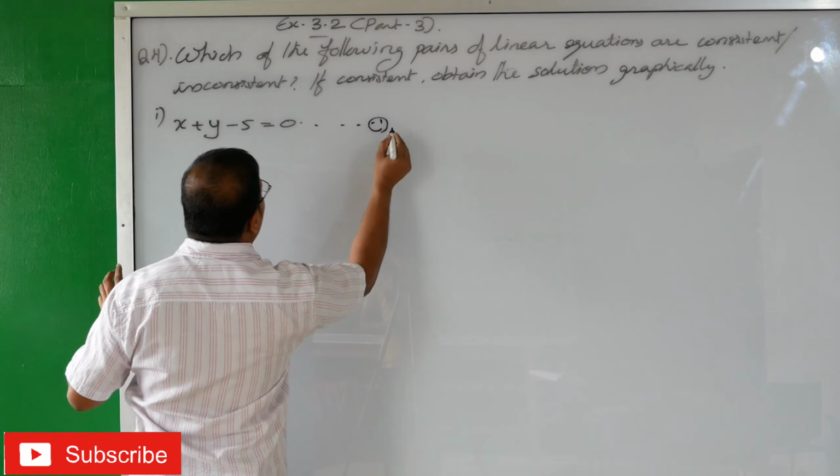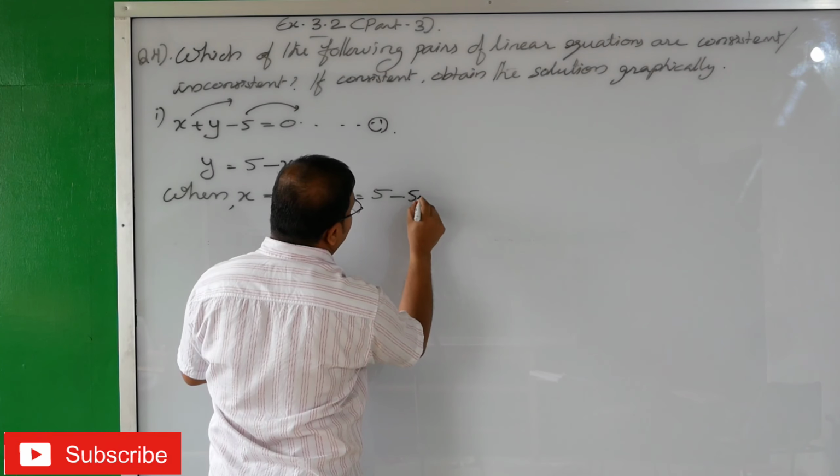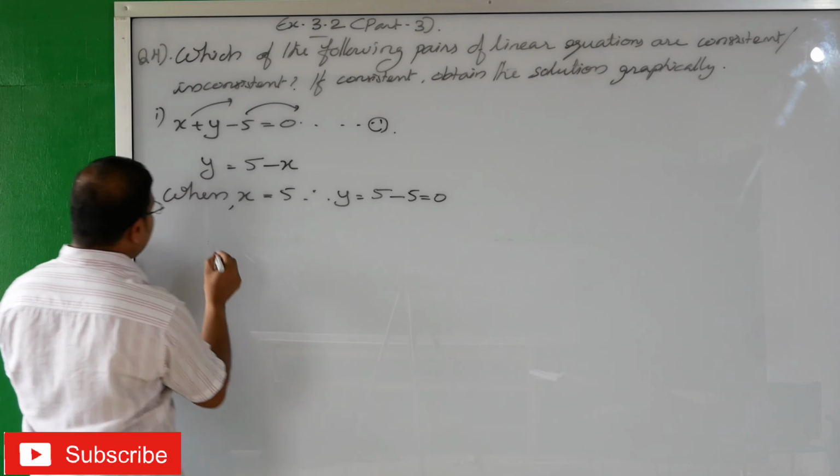Ready? Now what you'll do? When x equals 5, therefore, y equals 5 minus, in place of x, what you'll write? 5. 5 minus 5 equal to 0. Ready?